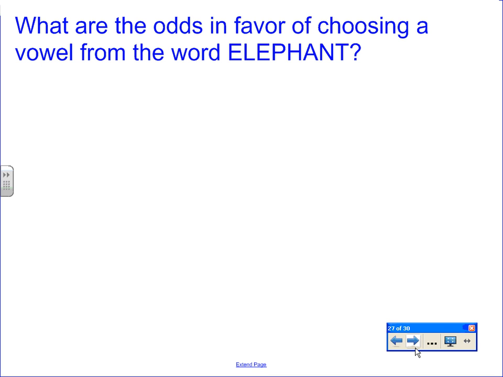You guys are fast. Why's your 5 so little? Oh, you just counted wrong. And percent's fine. Remember that. Never use total for odds. Okay, so odds in favor of a vowel from elephant would be 3/5.